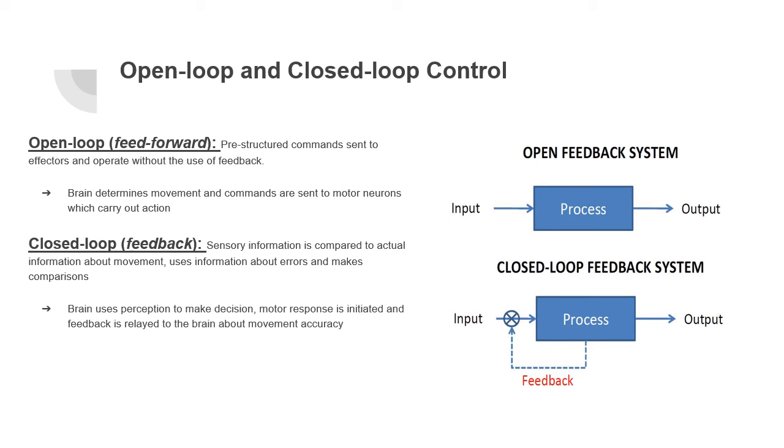To summarize then, we can think of open loop control as a system that provides input and produces output without taking into consideration any of the feedback that is happening with the movement until after that movement has been completed.